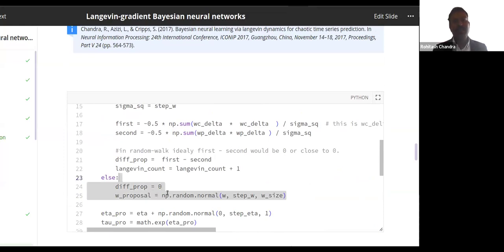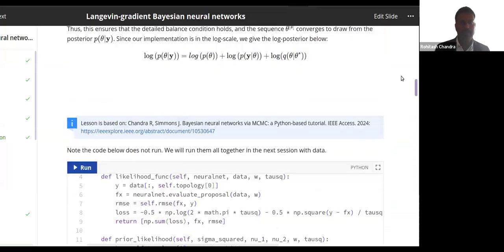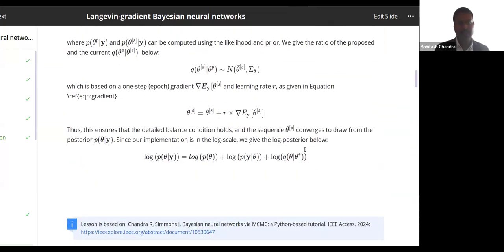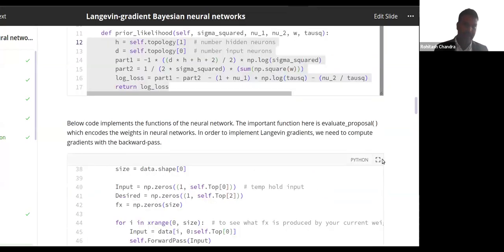If it's a standard random walk sampler, then we do not need to compute the Q ratio. Basically, that's a standard neural network. Why? Because we are using a random walk proposal distribution, and the random walk is based on the same step size throughout the sampling process. So we do not need to do this. But in the case of Langevin gradients, we need to do that.